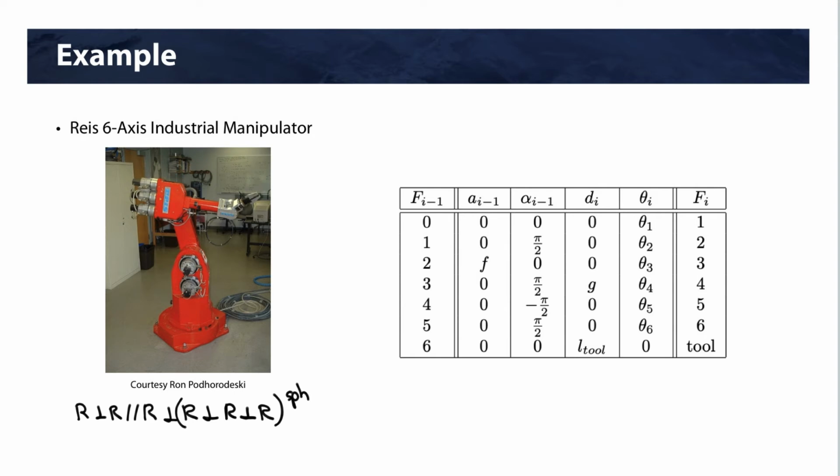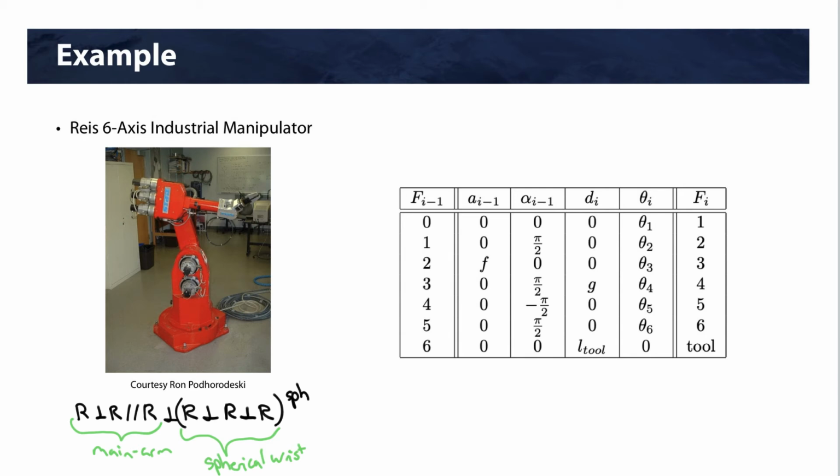Again, this is our wrist, and this is our main arm. As mentioned before, this is a very common layout for industrial robots.